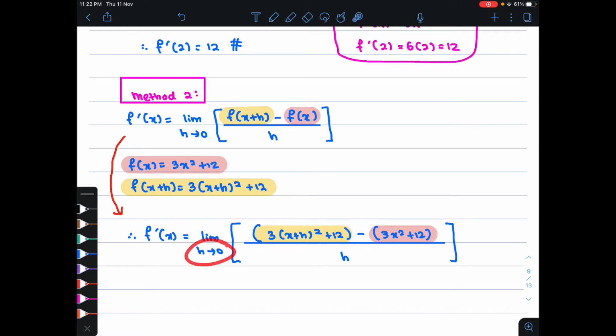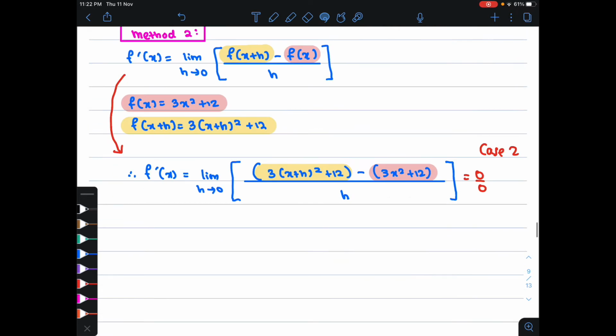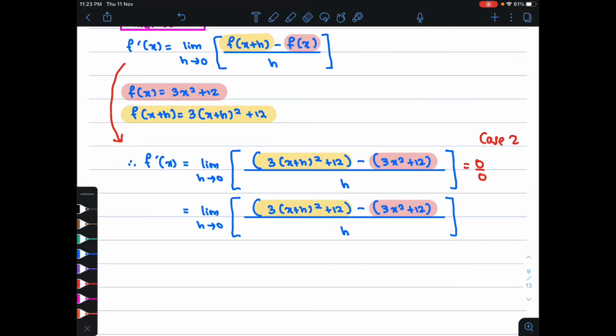If you substitute h equal to 0 into h, we'll get 0 over 0, which is case 2. So in this case, we're going to use factorization. So expand the one in the numerator. Let's expand (x plus h) squared first. And let's expand the negative with the second term.